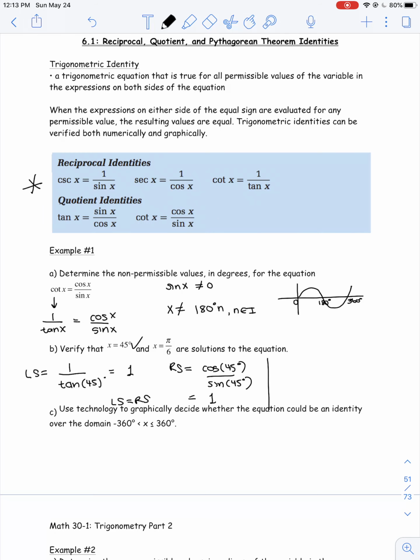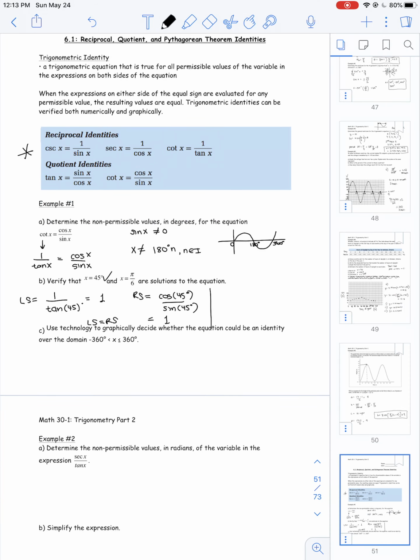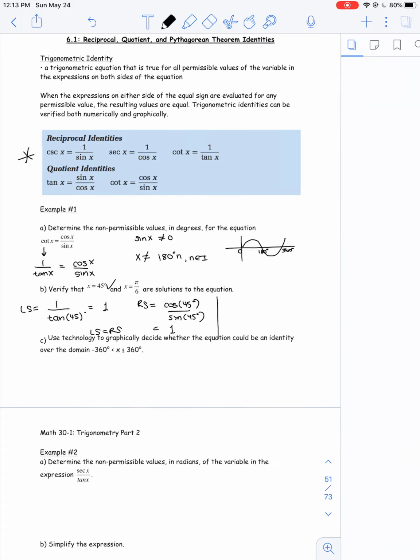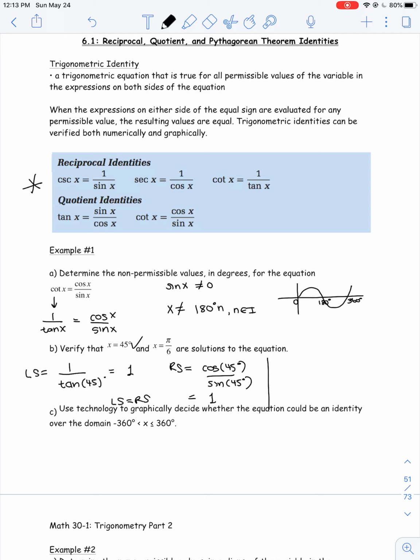With questions like this, I find it helpful to use your special triangle to find those values, or you could just put them into your calculator, or use your unit circle. Those would be your options for this pi over 6.